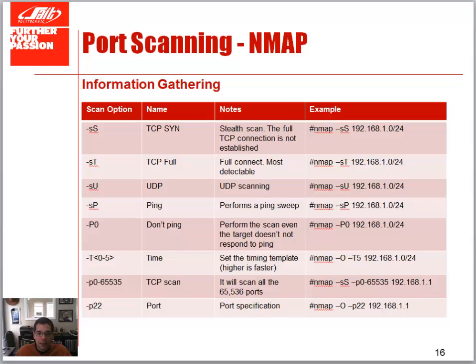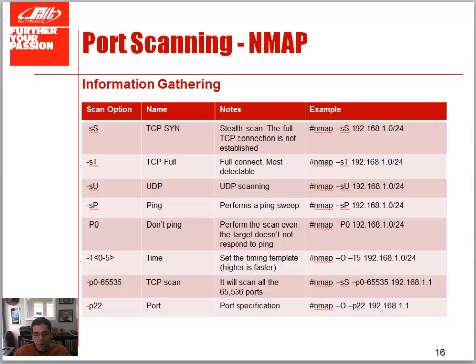The -sS option, capital S, is lighter, so the full TCP connection is not established, and you can try to avoid detection by IDS, intrusion detection systems, or other tools that can alert that you're trying to scan the network. So try that now.